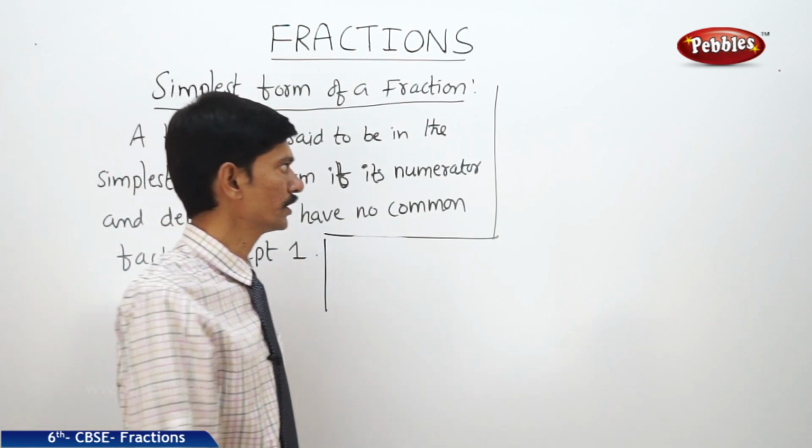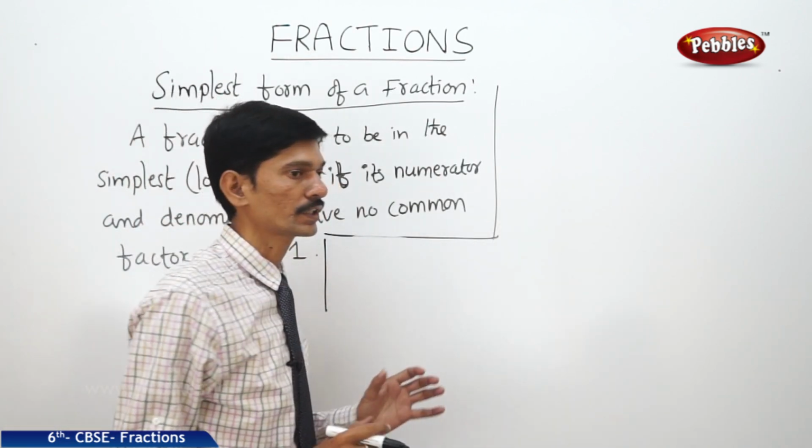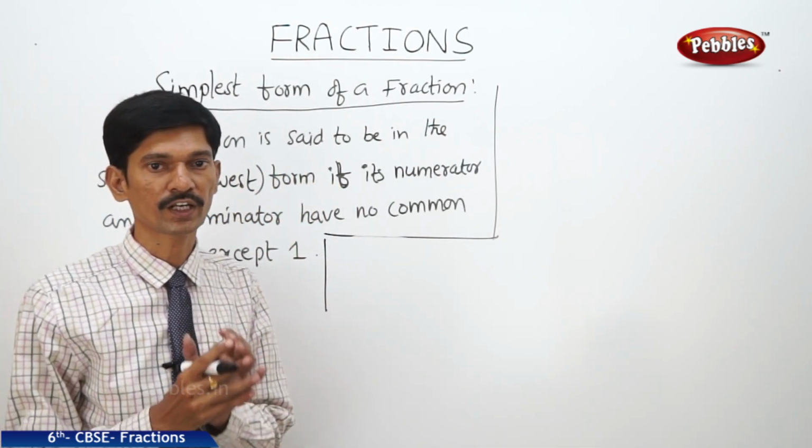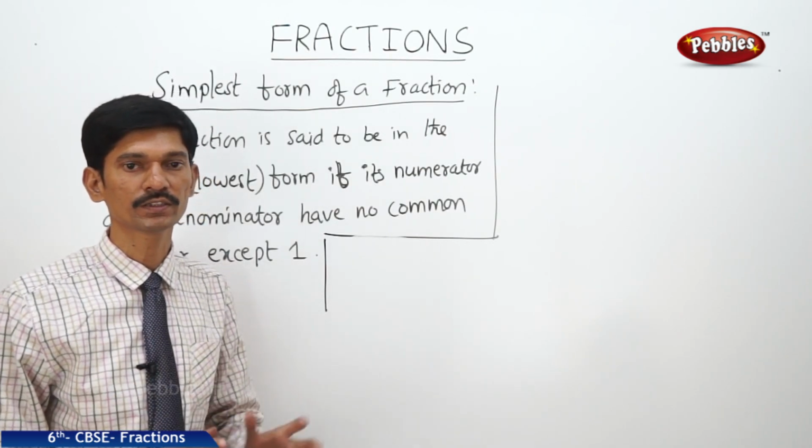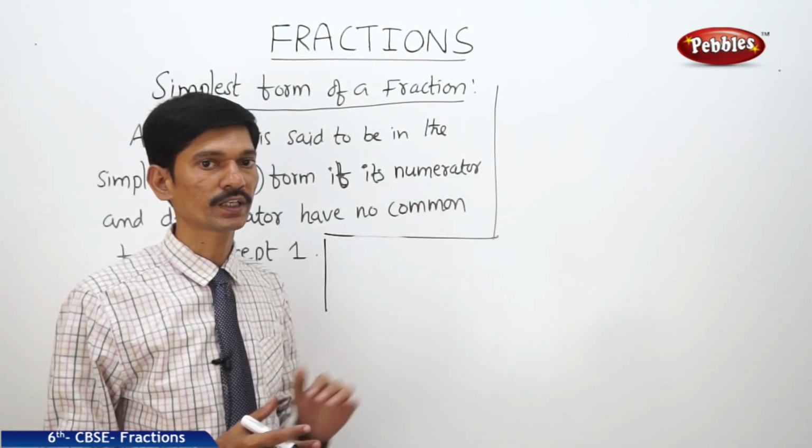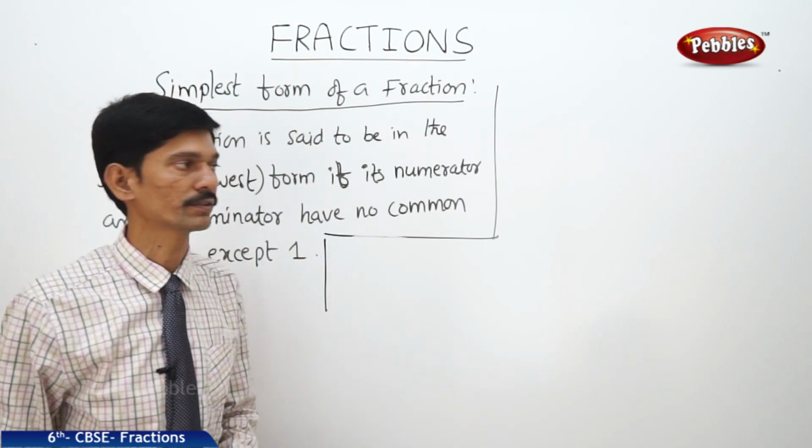Now the shortest way to express a given fraction in the simplest form is to divide both numerator and denominator by their HCF.